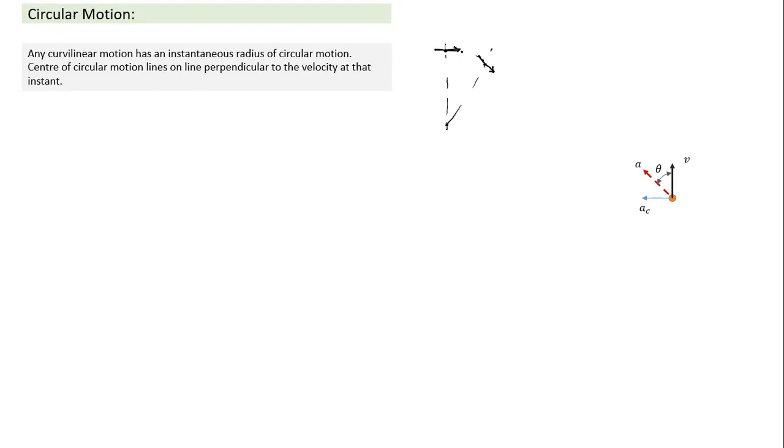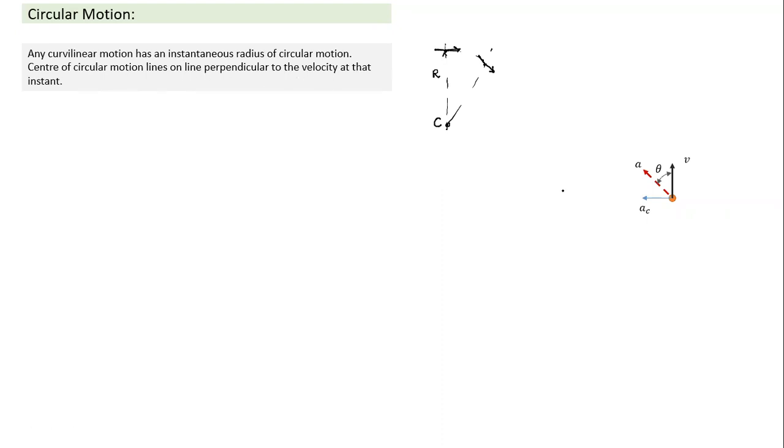If these 2 points are close by, the normals, or perpendiculars to velocity, will intersect, and the point of intersection will be the instantaneous center of circular motion, and this will become the radius of circular motion for that brief time interval, or the instantaneous radius of circular motion. So any curvilinear motion will have an instantaneous radius of circular motion, and the center of circular motion lies on the line perpendicular to velocity at that instant.